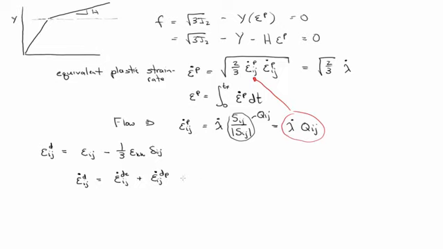And I'm just going to rearrange this equation. Just going to move everything to one side. No big deal. And then I'm going to multiply this equation on the right by qij.